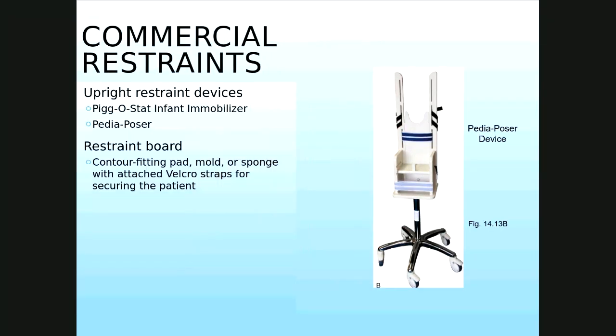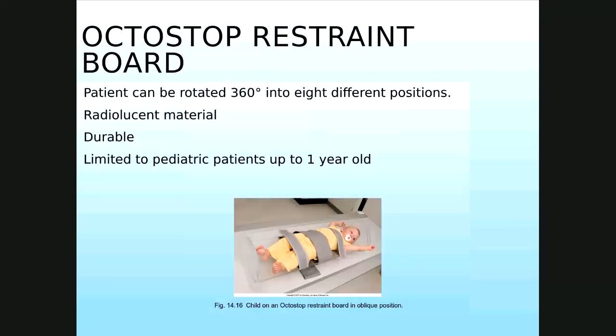They also mention back here that there are restraint boards that are contour fitting pads or molds or sponges that have Velcro straps to secure the patient. And one of those is called an Octostop restraint board. So the patient can be rotated. These are like stop signs on the end.